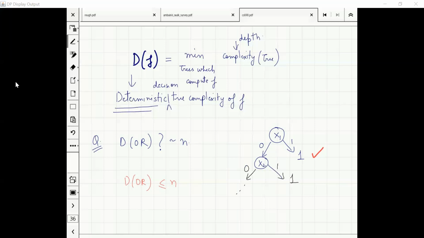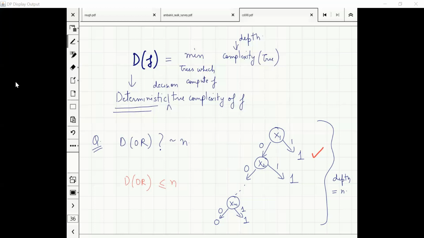So this is actually something completely opposite of a complete binary tree. It is a very, very lopsided binary tree. But unfortunately, the depth of this tree is n.